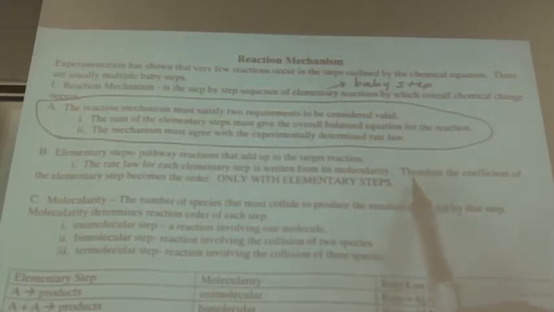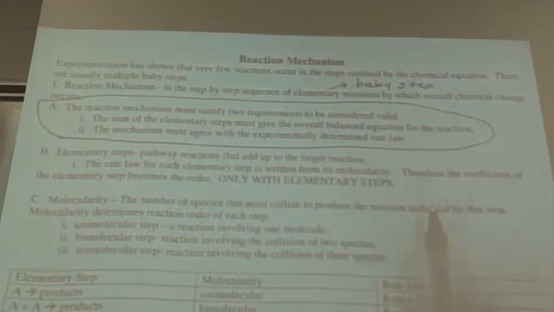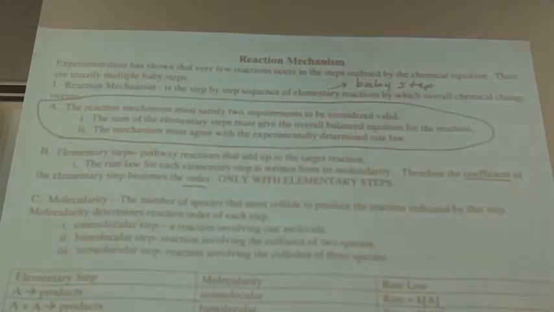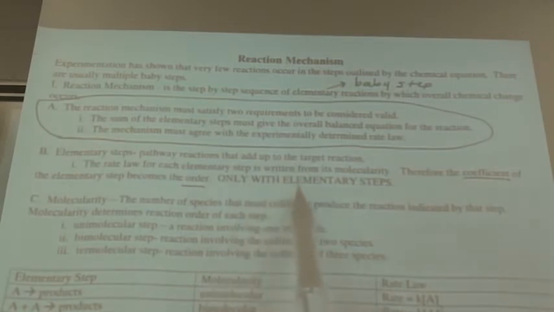This is the only time where you're going to look at an equation, the form of the rate law that you're aware of from previous work, and you're going to use the coefficient as the order. The coefficient becomes the exponent. This only happens when you're talking about an elementary step. The one and only time.